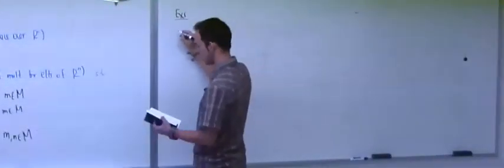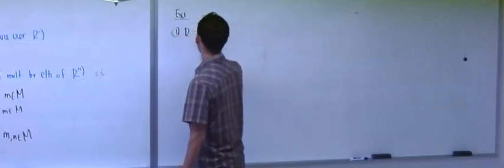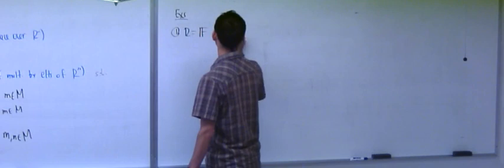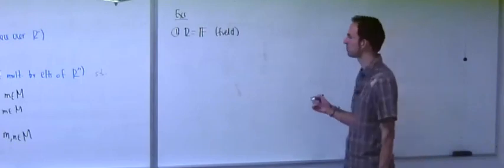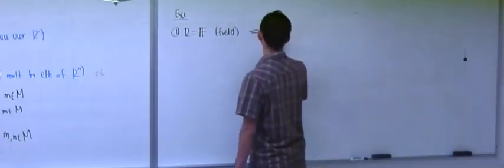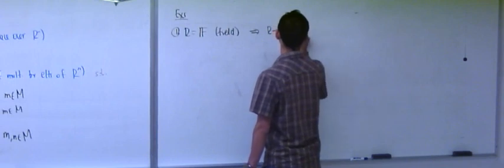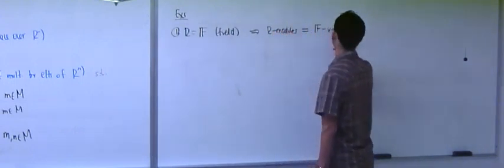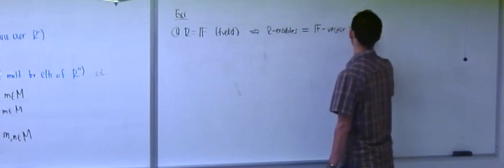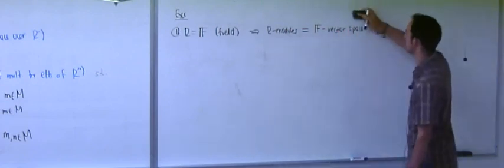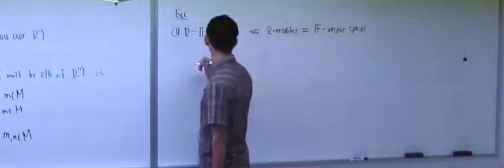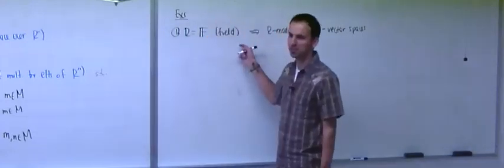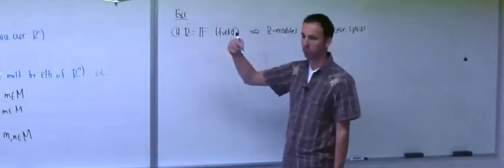So examples, well, like I told you, the first thing is if the ring happens to be a field, then the definition of R module is exactly the definition of a vector space. But this is too simplistic for us, because for us, generally, the ring is not going to be a field, it's going to be a polynomial ring. Okay?